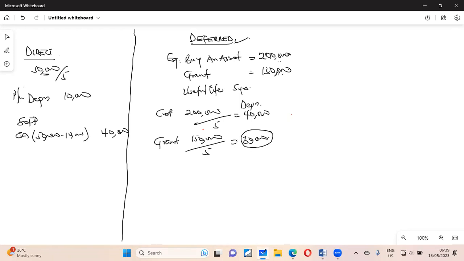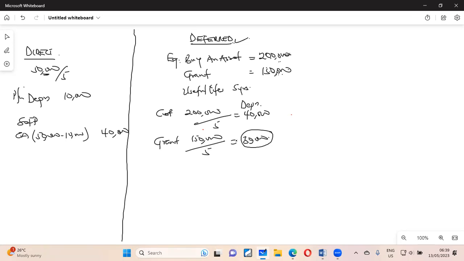Now, the deferred method is saying that we would defer the grants and release the 30,000 into our income statement year on year. But when you are deferring the grant, where are you deferring it to? Where do you put it?